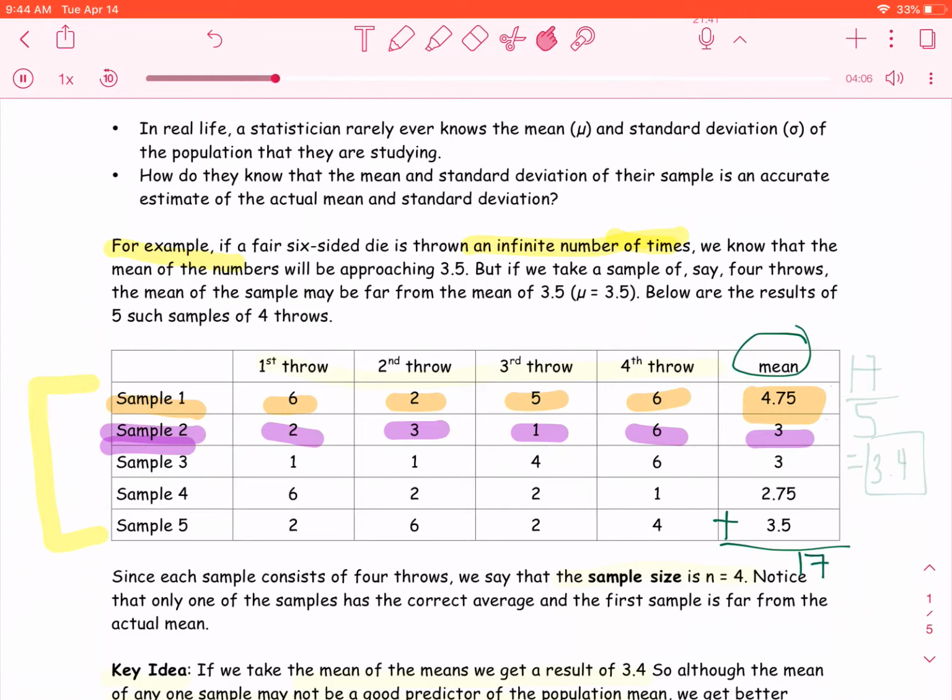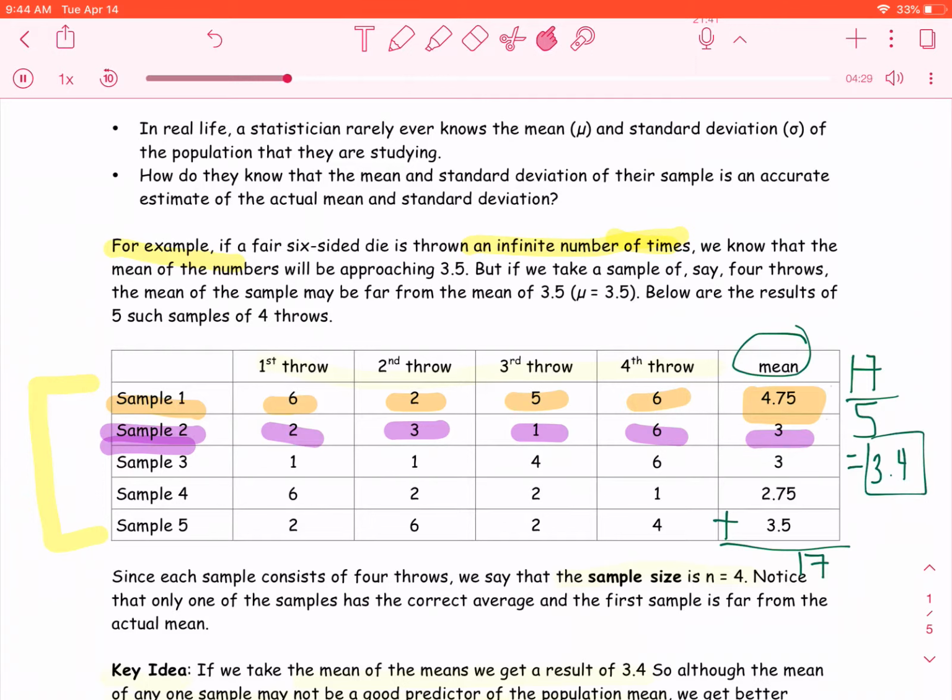Like we did with the single means, to find the mean of the means, we take 17 and divide by the number of experiments. So 17 over 5, because we had 5 experiments. 17 divided by 5 is 3.4.